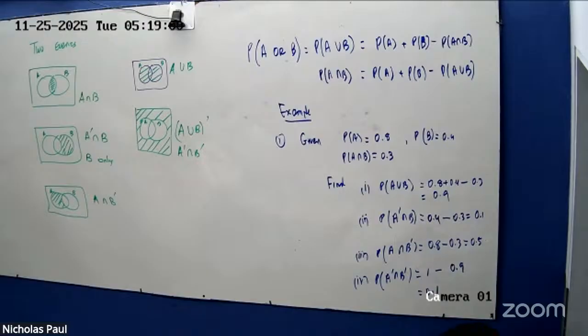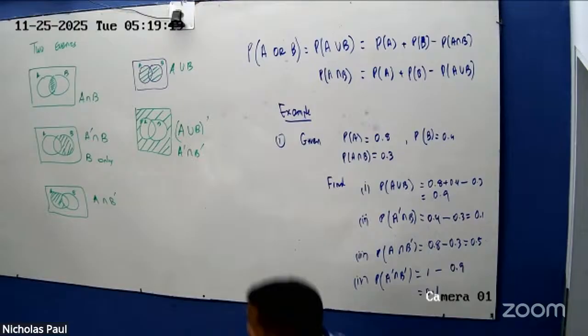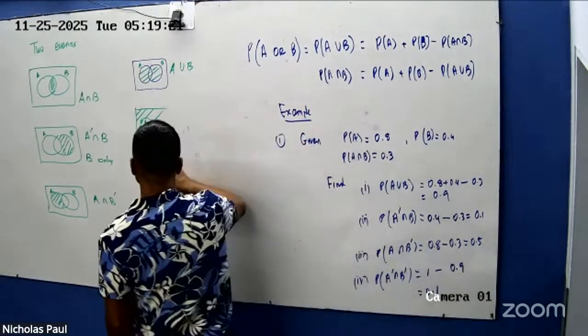X with a little line on top, right? X bar. Find the probability that X bar is more than 65.5.